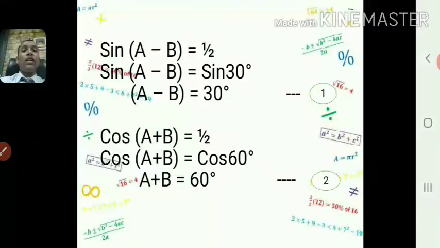If sin a minus b is equal to half, then sin a minus b is equal to sin 30, as we know that the value of sin 30 is equal to 1 by 2. In the third step, on both sides sin is common, so we cancel it out and we get a minus b is equal to 30.